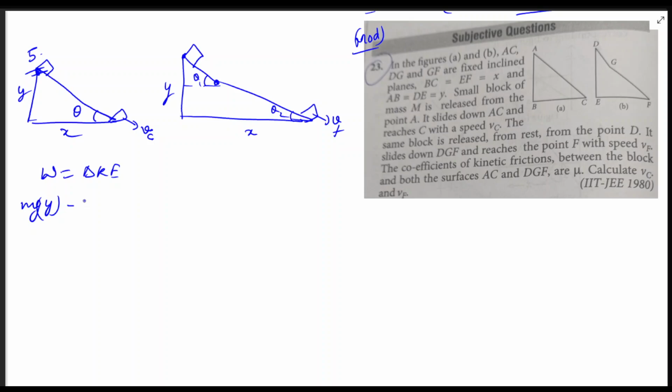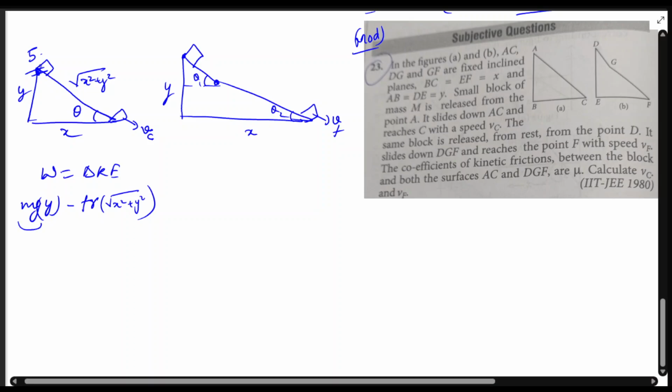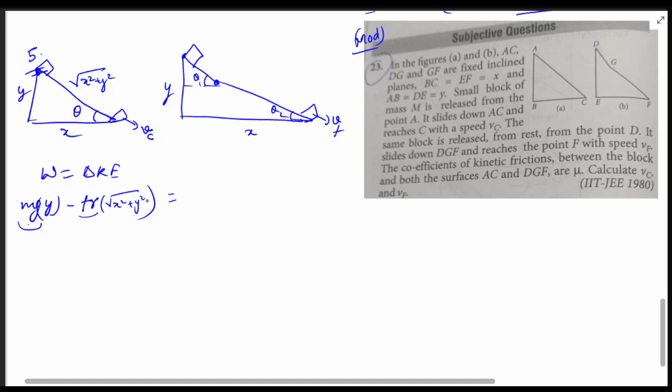Minus work done by friction into this distance, so this will be root of x square plus y square. So friction into root x square plus y square. Work done by normal will be 0, right? The only forces that exist on this block are the gravitational force and the friction force.